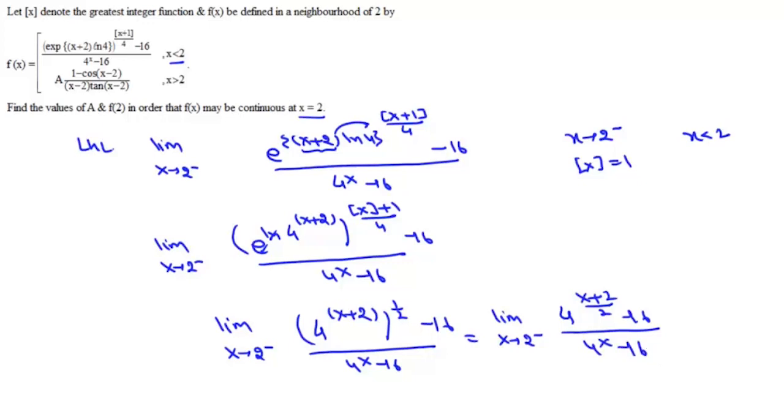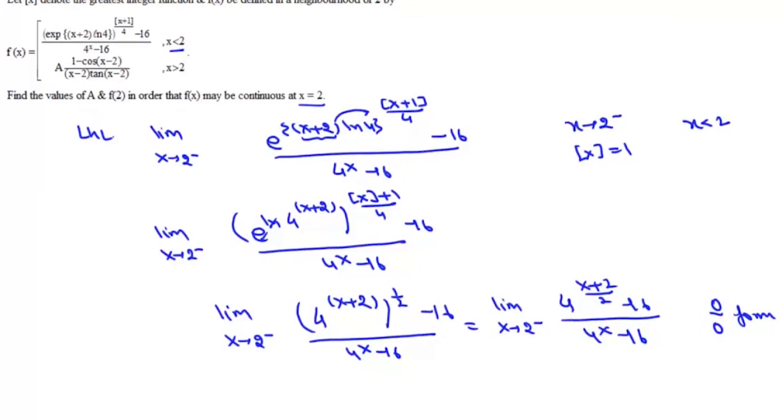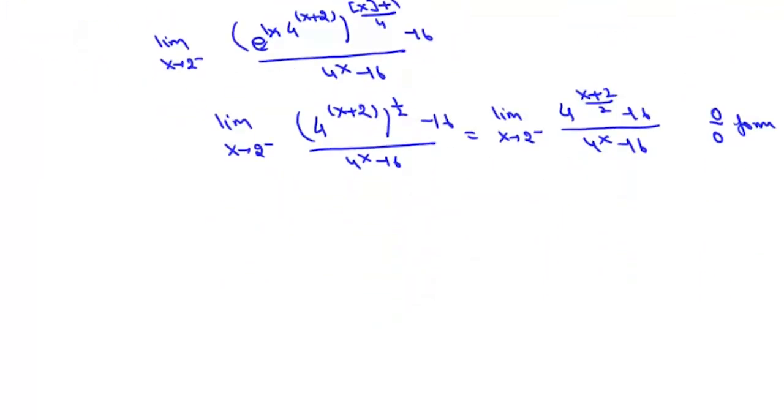Now we'll solve this limit. First we'll check its form. If we put x is 2 negative, this is 4 square 16, 16 minus 16 is 0, and this again is 4 square 16, 16 minus 16 is 0, so this is the 0 upon 0 form. And if it is 0 upon 0 form, we'll use L'Hopital's rule. So we can write this as limit x tends to 2 negative, 4 to the power x plus 2 by 2 log 4, and derivative of x by 2 is 1 by 2.